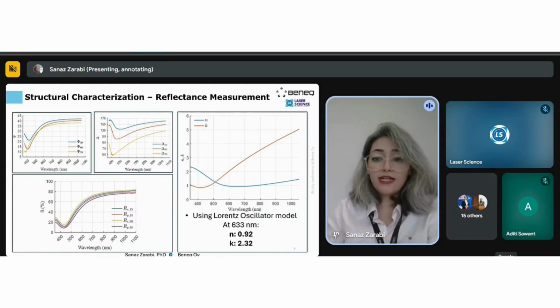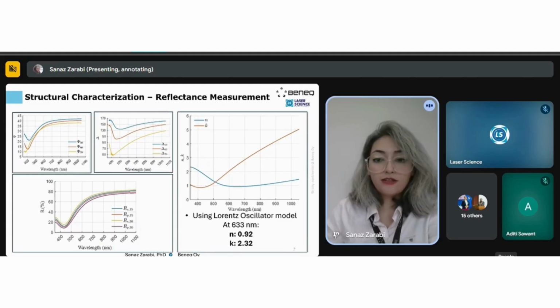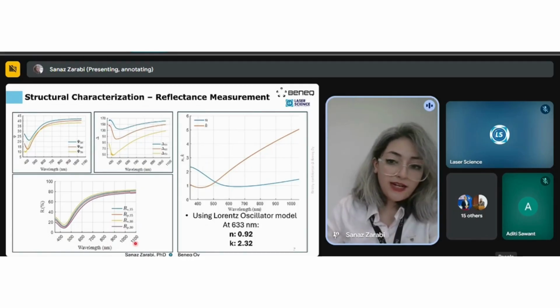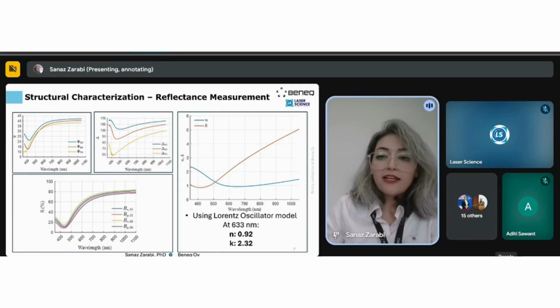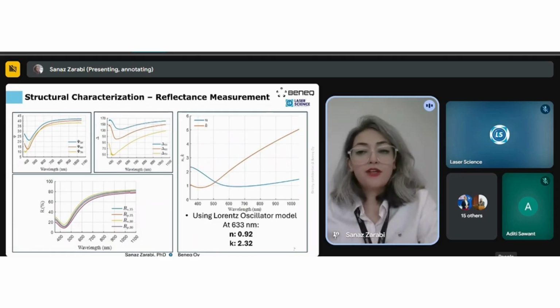We carefully designed our measurement using three different angles of incidence, allowing us to achieve a more precise fit that aligns with the fundamental physics of titanium nitride. Here, you can see the results for the refractive index and extinction coefficient across different wavelengths. This is the wavelength range, providing valuable insights into the optical behavior of our titanium nitride that we use to optimize our ellipsometer model.